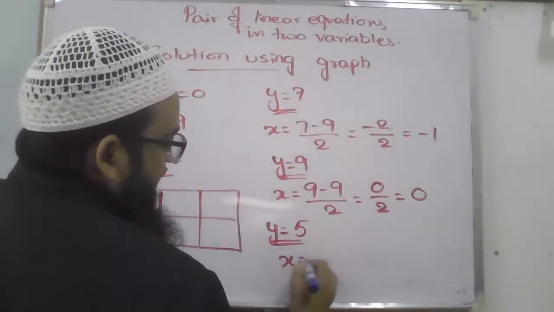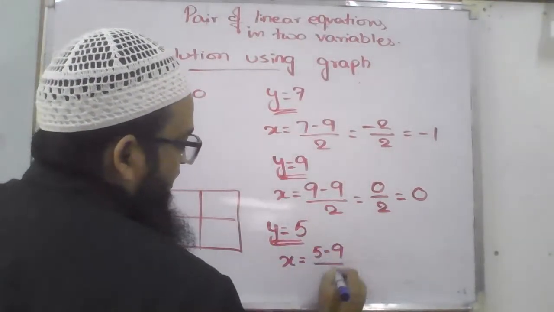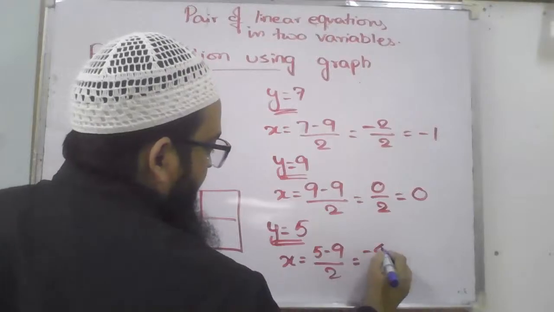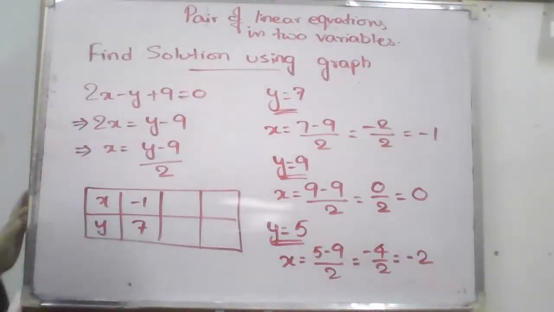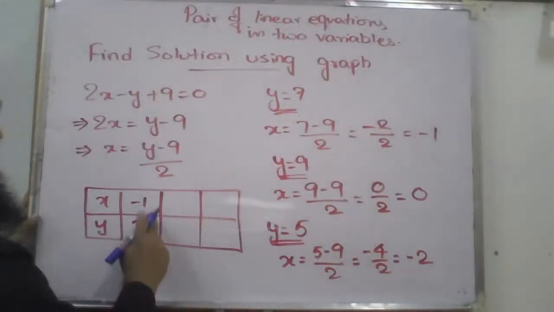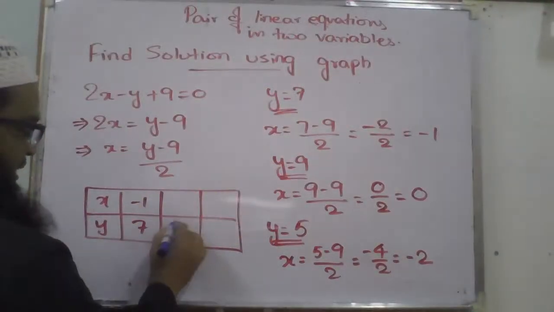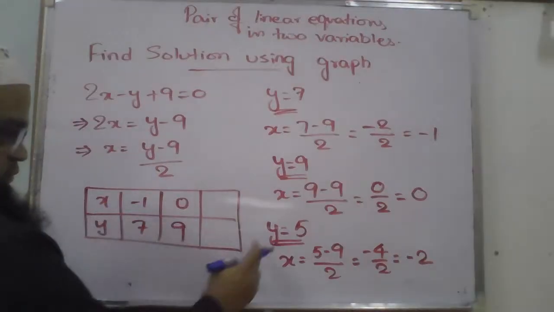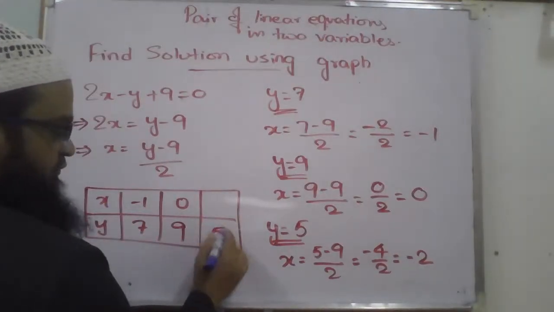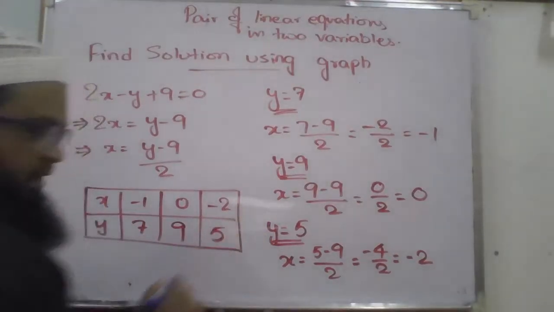So x is equal to (5 minus 9) divided by 2, that is equal to minus 4 by 2, equals minus 2. So did you get the values? When y is equal to 7, x is minus 1; when y is equal to 9, x is equal to 0; and when y is equal to 5, x is equal to minus 2.